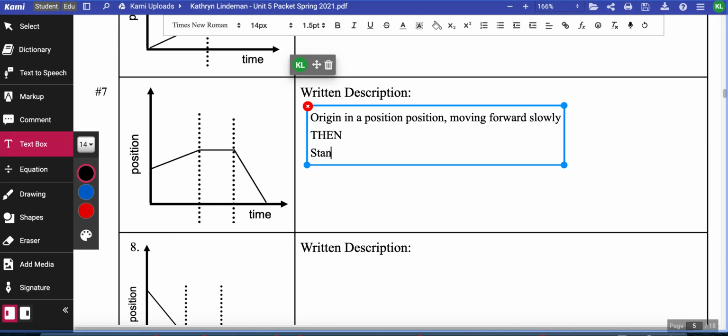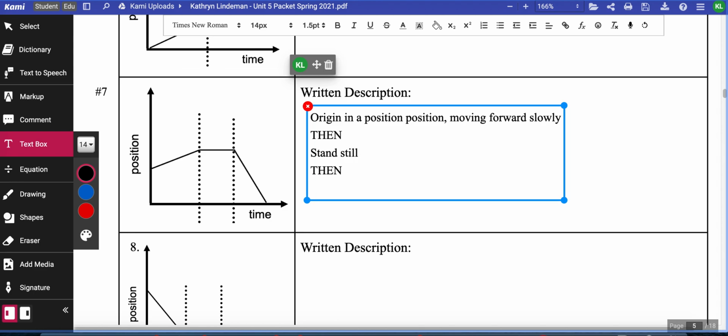Then stand still, then move backward to 0 quickly.